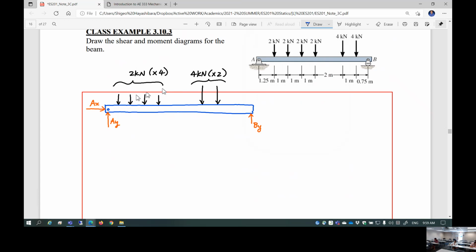And then obviously, if you do summation of the force in the x direction set equal to 0, you can tell this is 0. Okay, so let's just do summation of the moment at location A, set equal to 0.